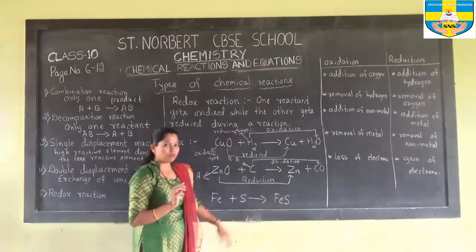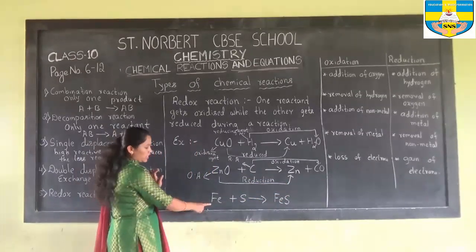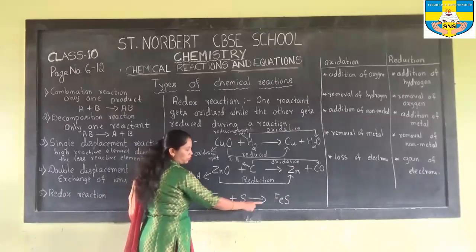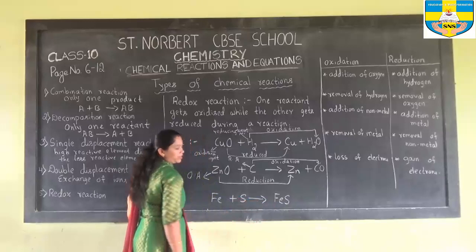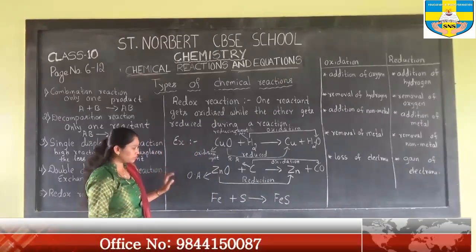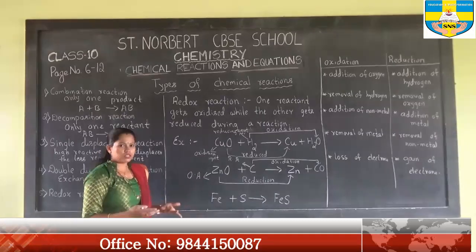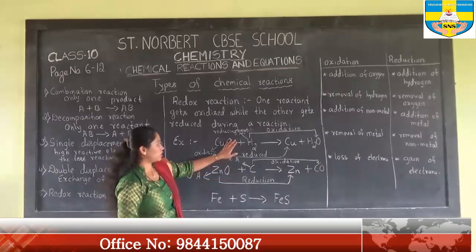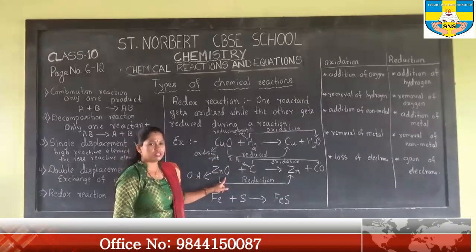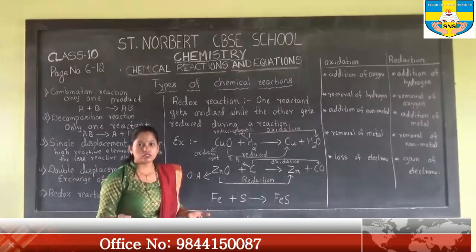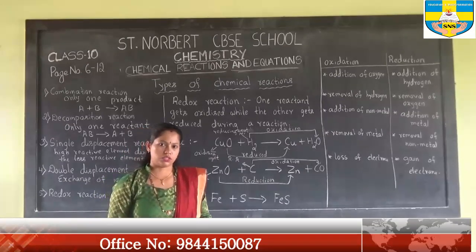So let us see one more example. Fe, iron, reacts with sulfur and produces iron sulfide, FeS. So here there is no oxygen, there is no hydrogen.